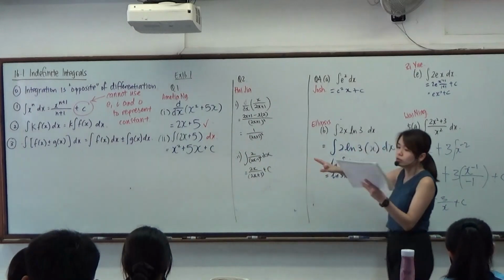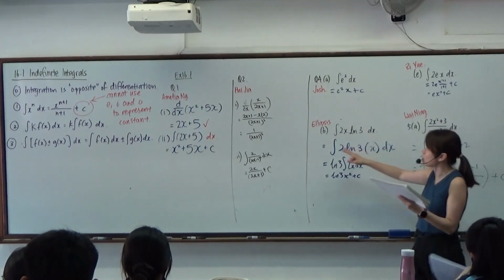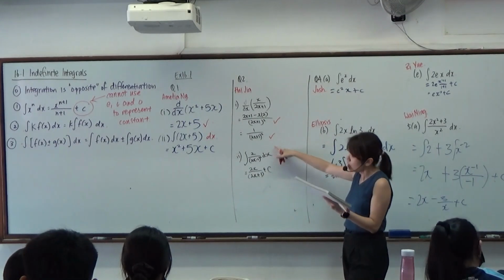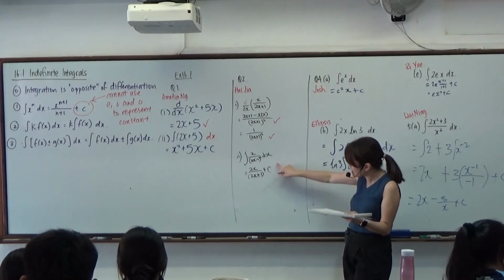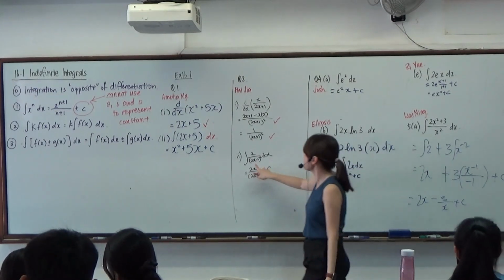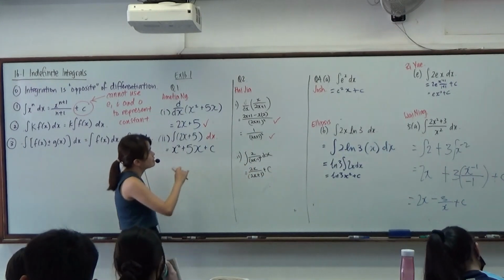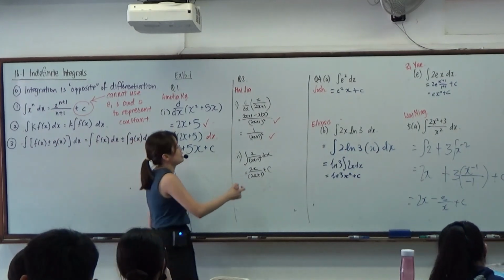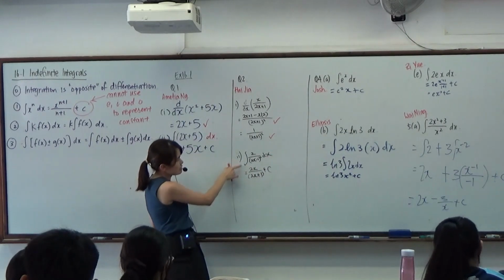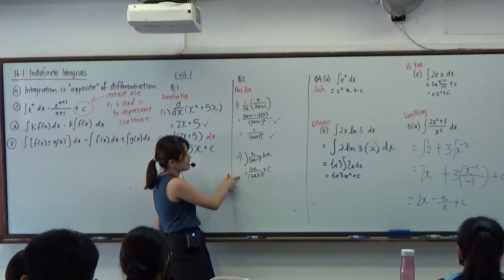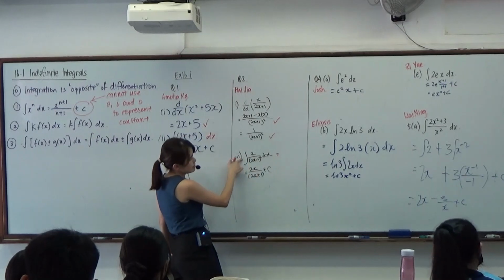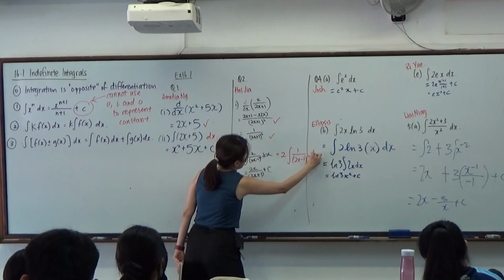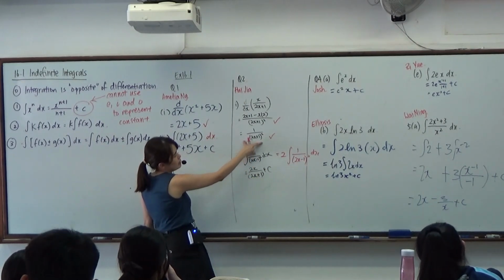Then for question 2, to differentiate, we will have to do our quotient rule. The quotient rule application is done right, and then integrating your 2 over 2x minus 1 squared dx. There's a little bit of steps skipped over here, although the answer here is correct. In case you are not fast enough to realize how this was arrived at, it is to observe that this equals 2 times the integration of 1 over 2x minus 1 squared dx, whereby this part here is over here already.